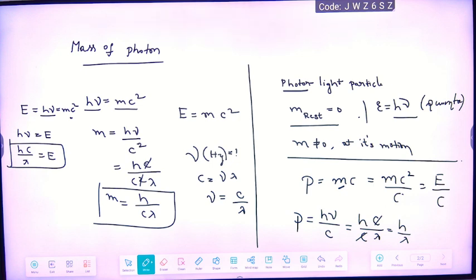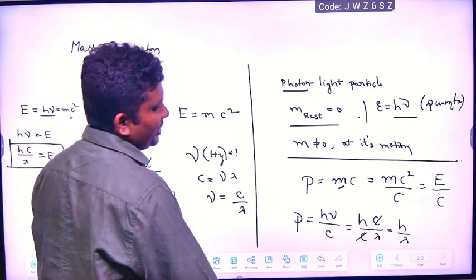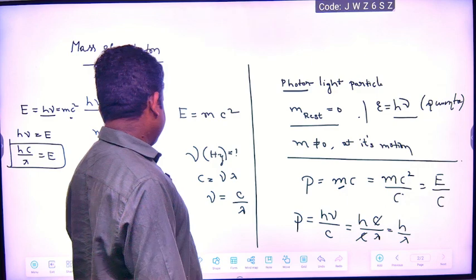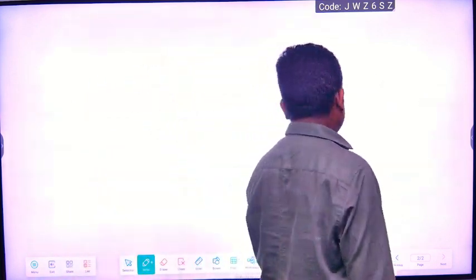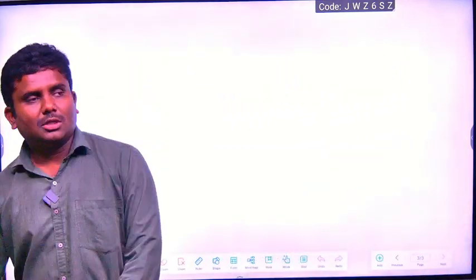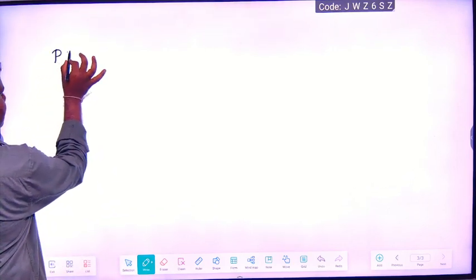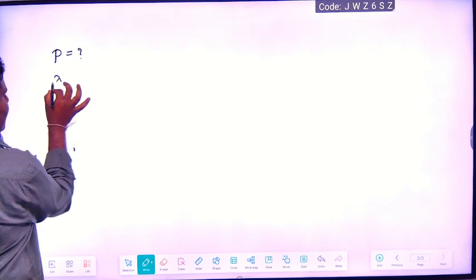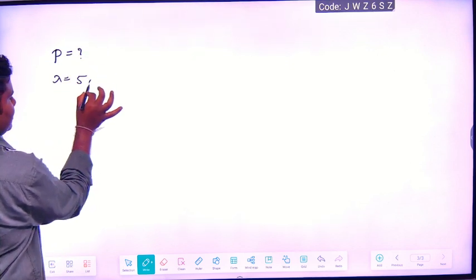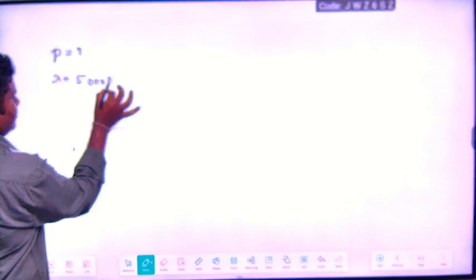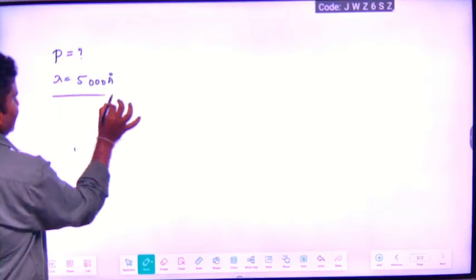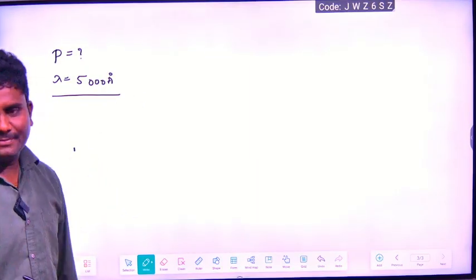The momentum of a photon of wavelength 5000 angstrom is, right? They have given the wavelength. They are asking to calculate the momentum. Given the wavelength of the photon is 5000 angstrom, find what is the formula?